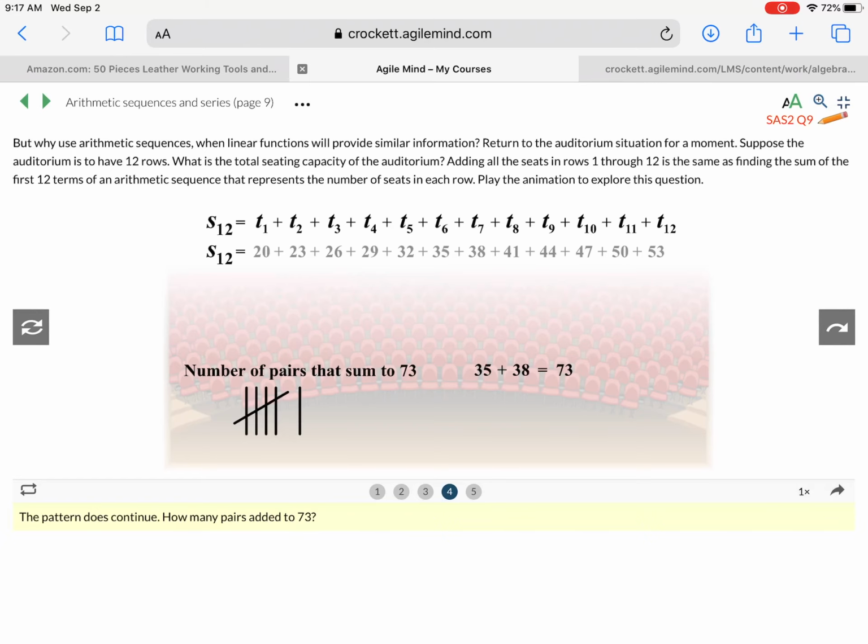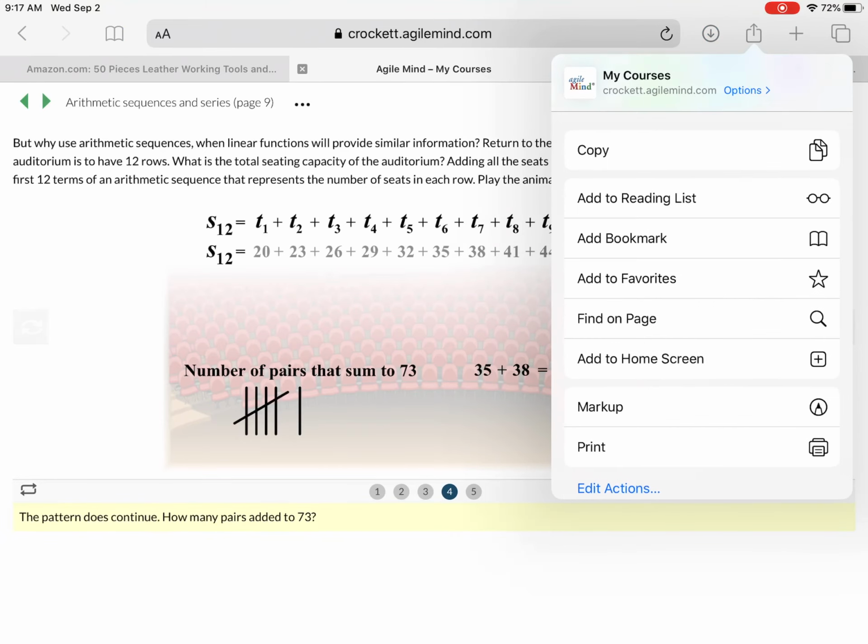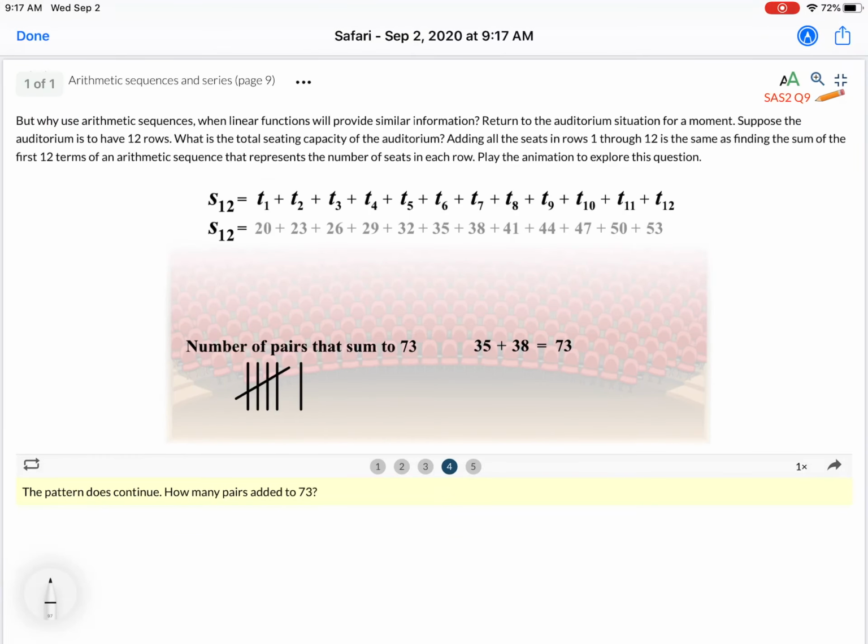So, what I want you to do underneath where you wrote each term, I want you to write 20 plus 53 is 73. 23 plus 50 is 73. So I want you to write each set of terms.